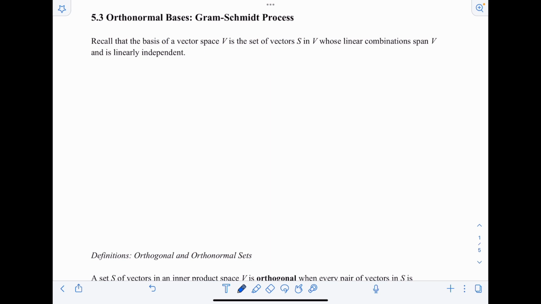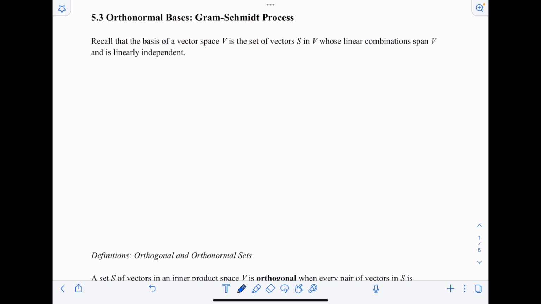In other words, I have a vector space, and in that vector space, I have a subset of vectors whose linear combinations will create all of the other vectors in V. And there is no vector within that subset that is a linear combination of other vectors in that subset. That creates the linear independence.